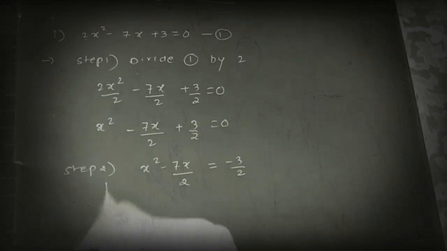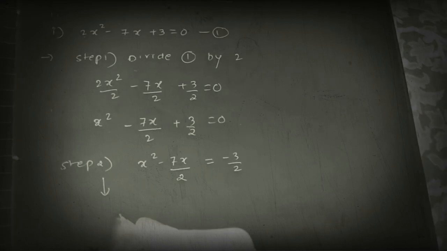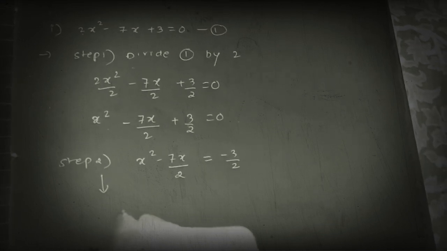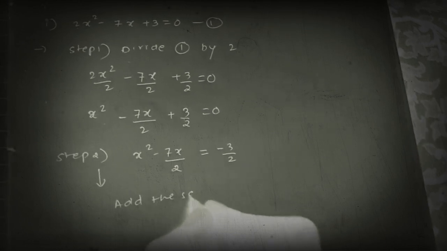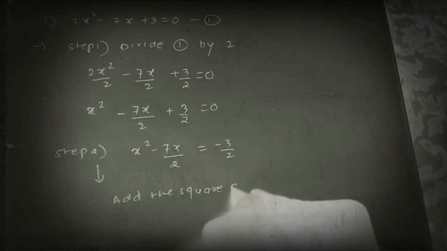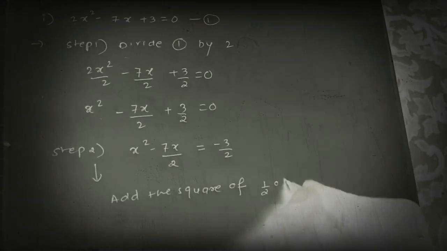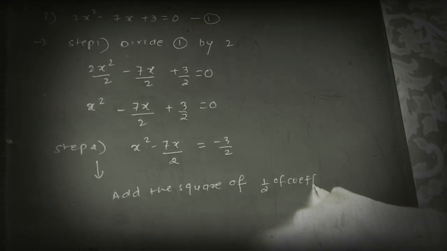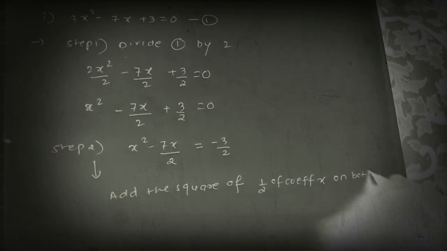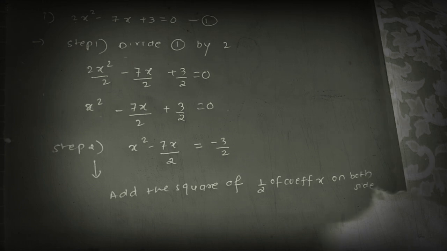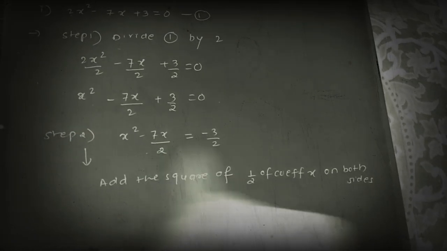Now in the second step, you have to add the square of half of the coefficient of x on both the sides. Remember, whatever you do, subtract, add, multiply or divide, you have to do the operations on both the sides.